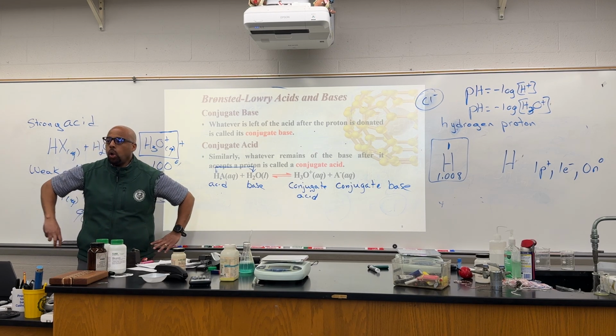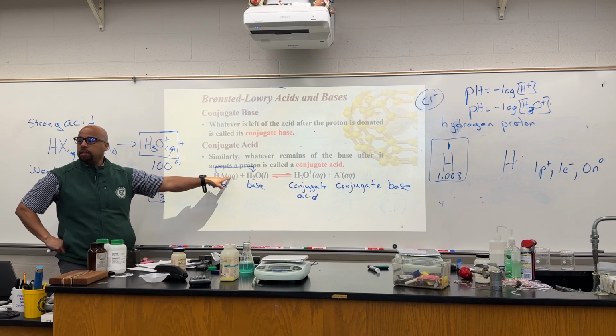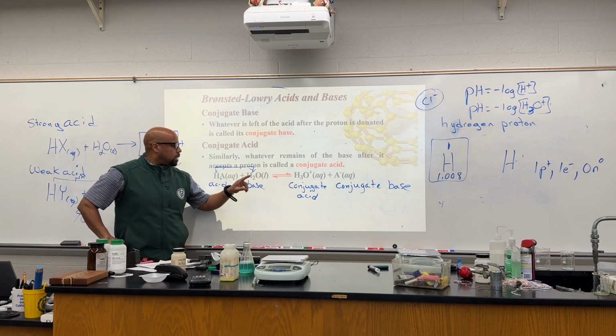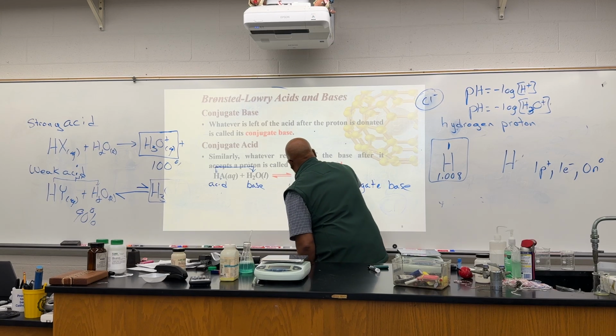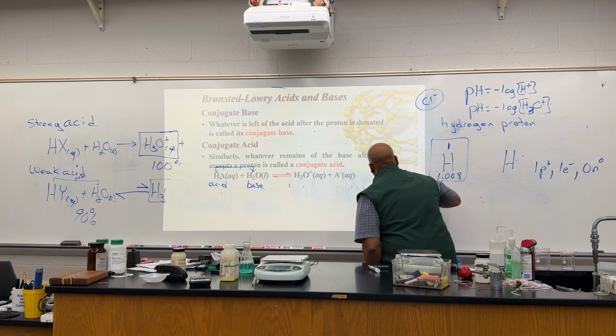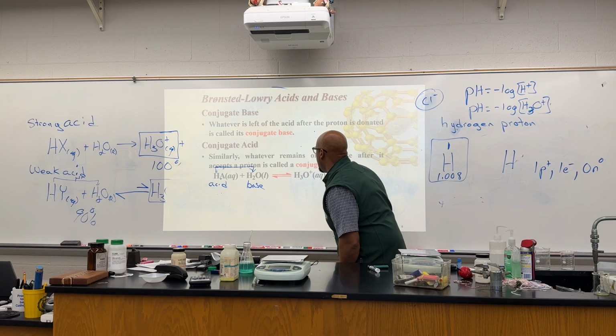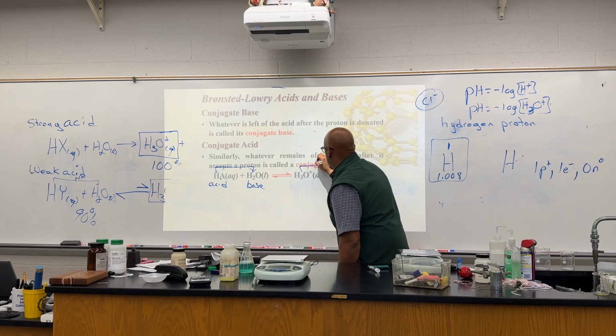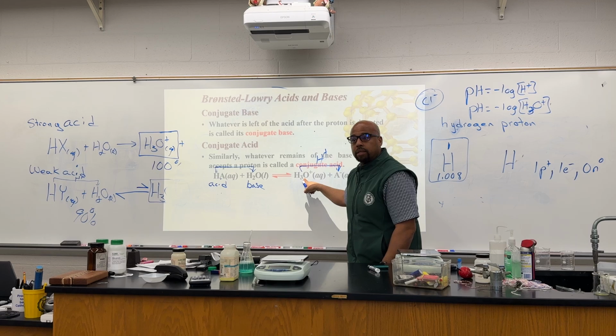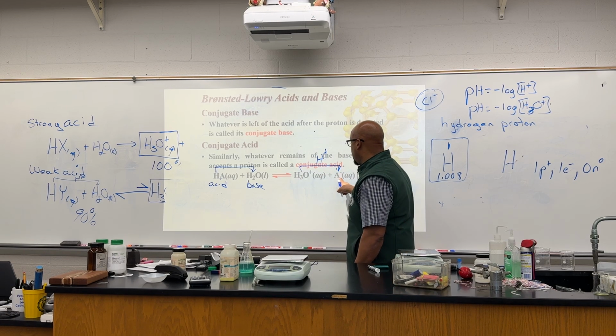So if somebody says, who is the acid? You're the acid. Who is the base? You're the base. But watch this. If I go in the reverse direction, who is my acid? You're my acid, because you're donating the H plus to the A minus.